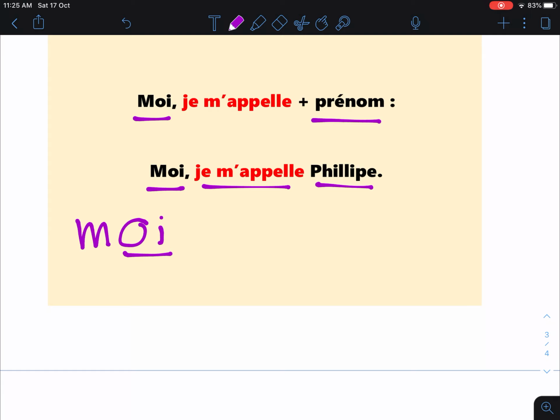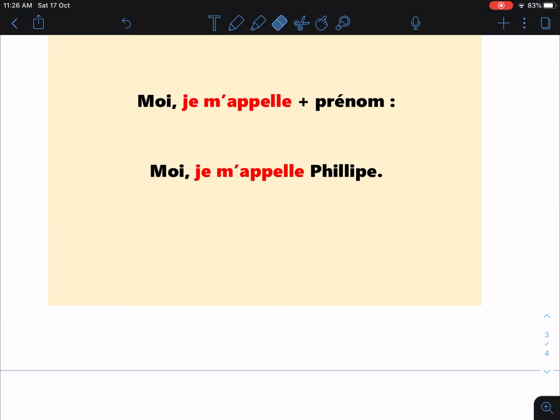But in French, it is not oi. It is oua. So M-O-I becomes moi, and it means me. I'm teaching you how to tell and to ask people your name, and also I'm teaching you a bit of pronunciation.